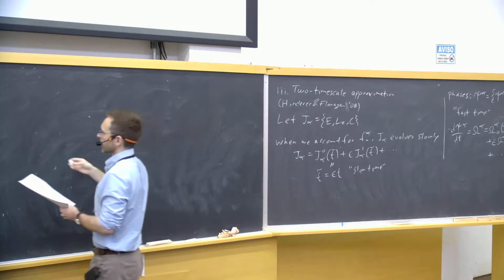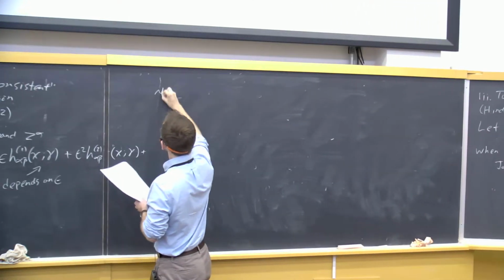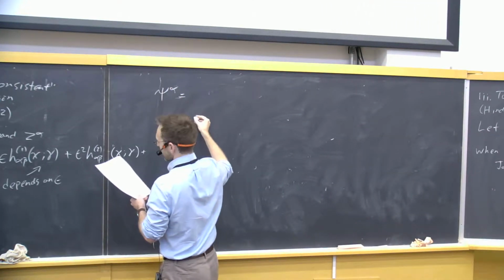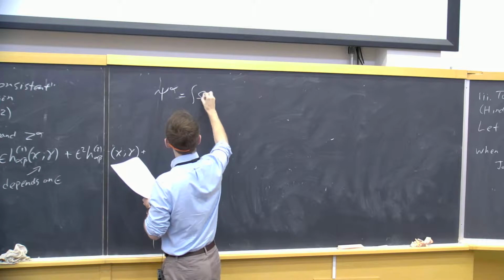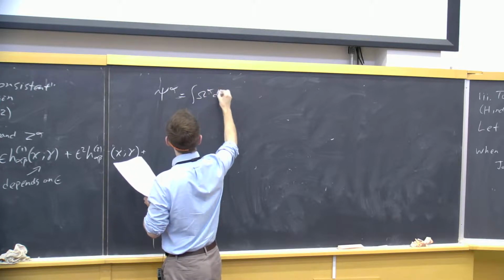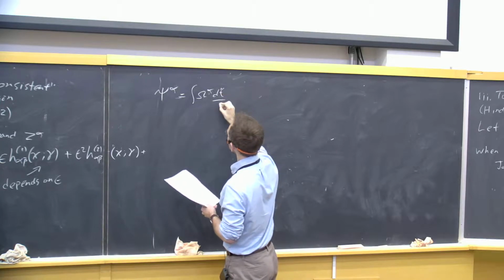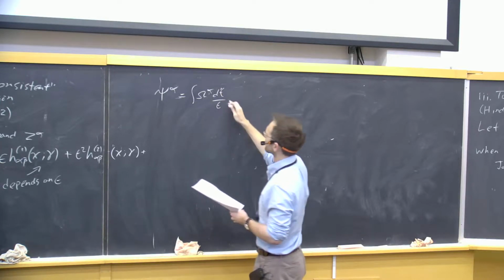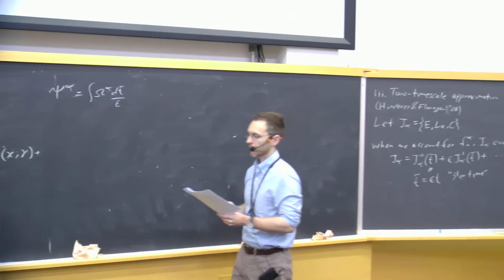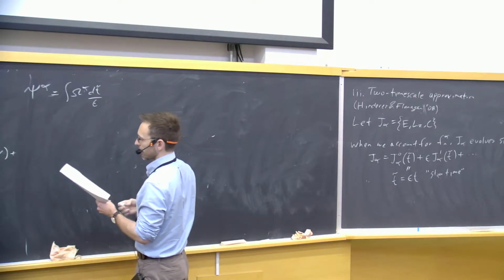So if you integrate that equation, you get phases that are just the integral of the frequency. Well, let's convert this dt into dt tilde, which is 1 over epsilon times dt tilde.